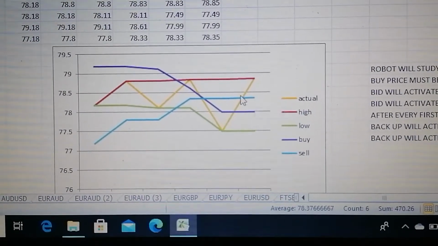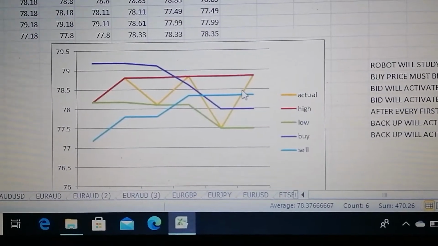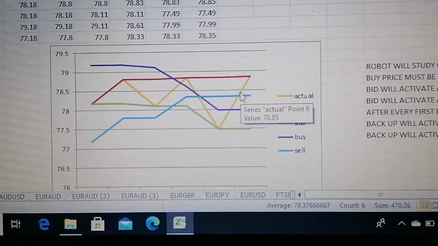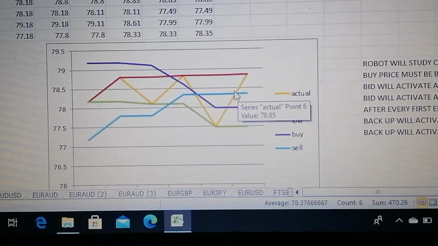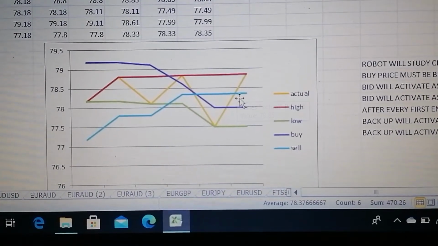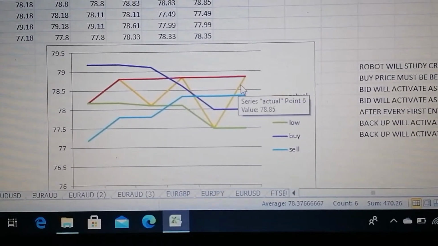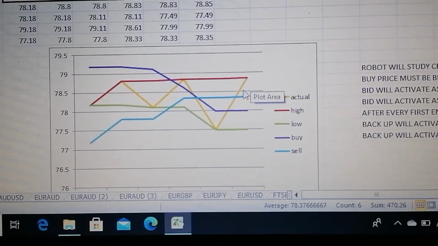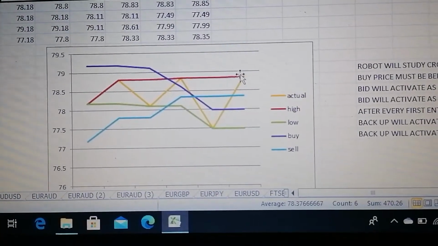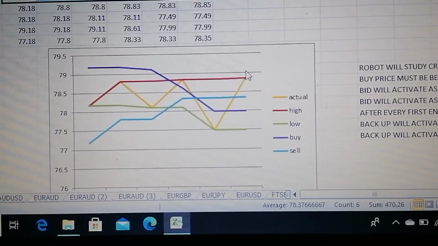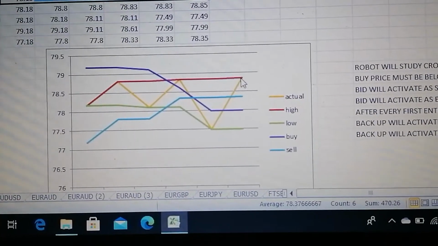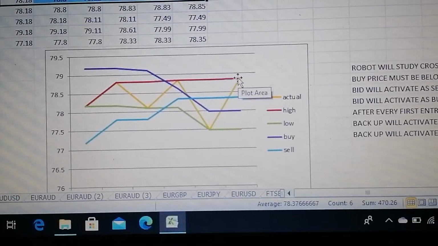And also another thing is that once it hits the first point of action, it activates a sell and continues to activate newer sells at various gap positions up to and above every new high.